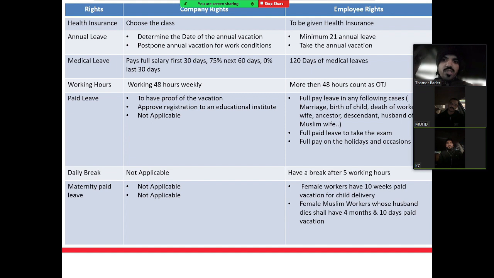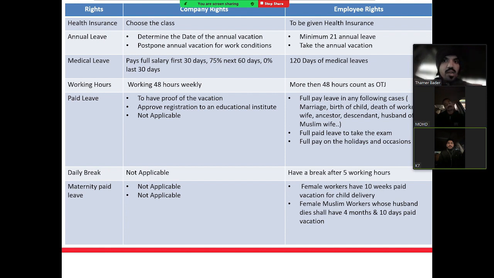Also, approved registration to an education institute. For example, let's say that one employee wants to get educational time for himself.